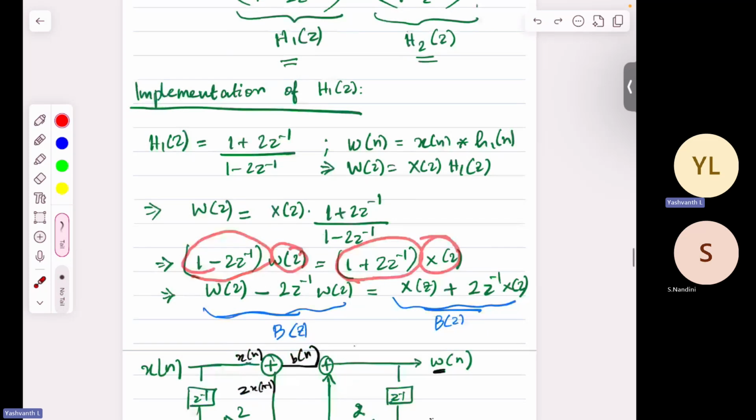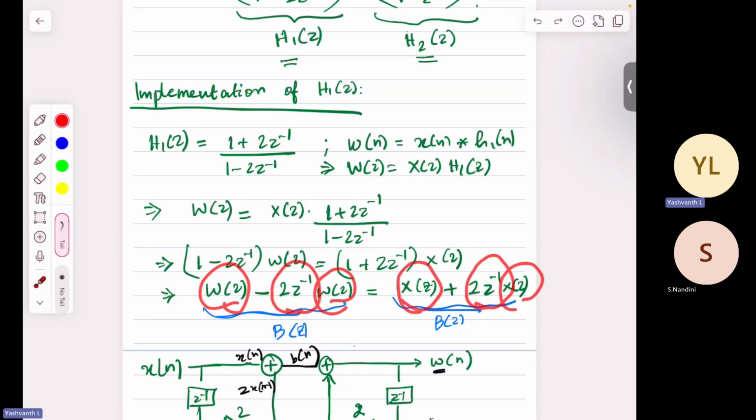That means W(z) - 2z^-1 W(z) = X(z) + 2z^-1 X(z).